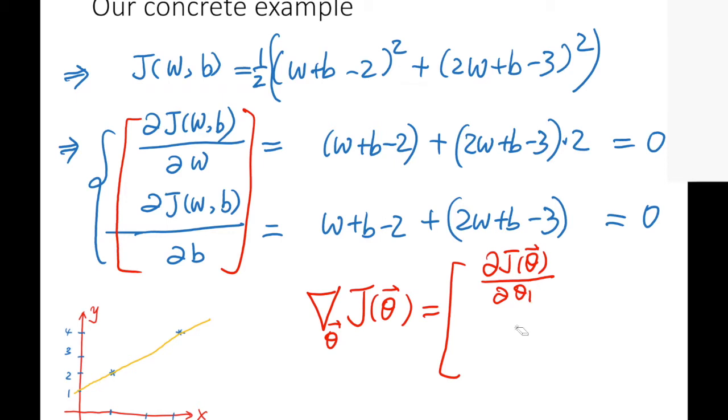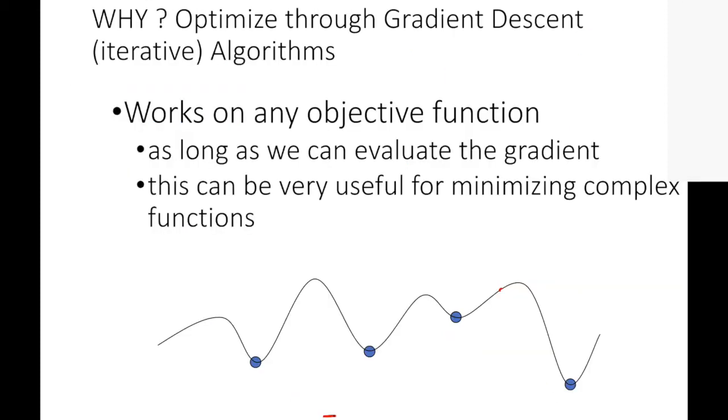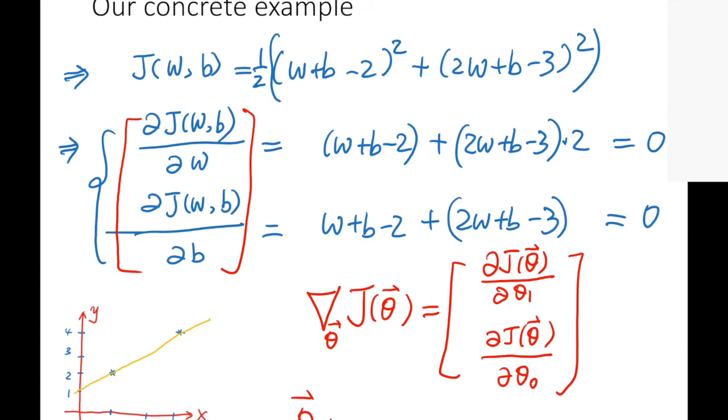Actually, this is theta 1, and then theta 0. Sorry, theta is a vector. It's a 2 times 1 vector, w and b. To make it clearer, theta 1 and theta 0. It's probably easier to write it in matrix form.